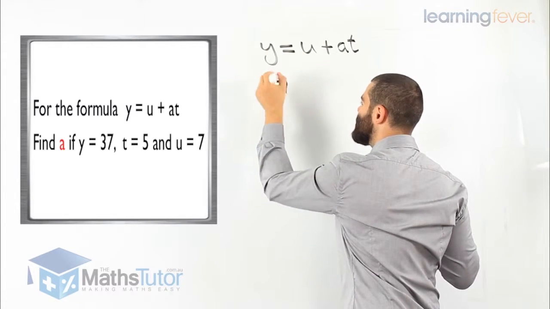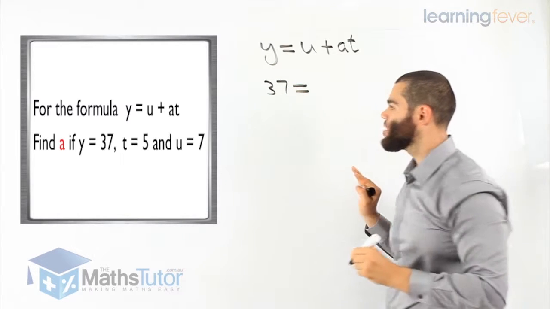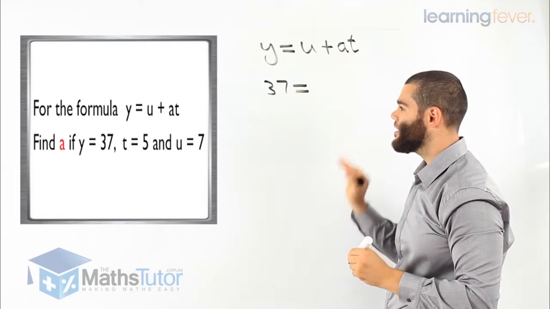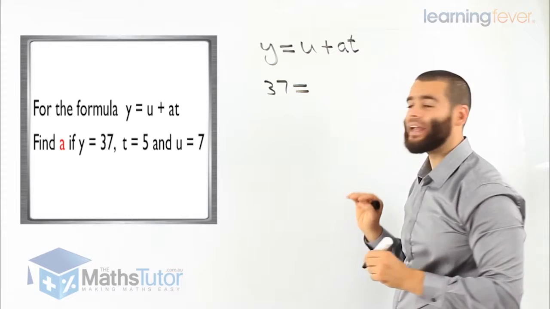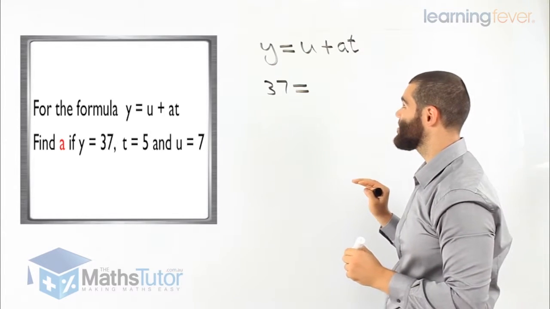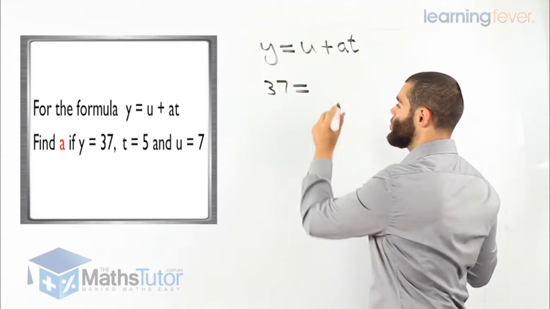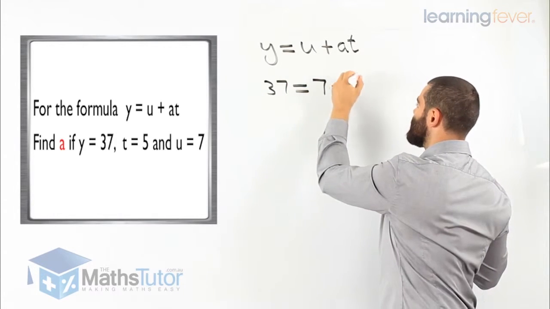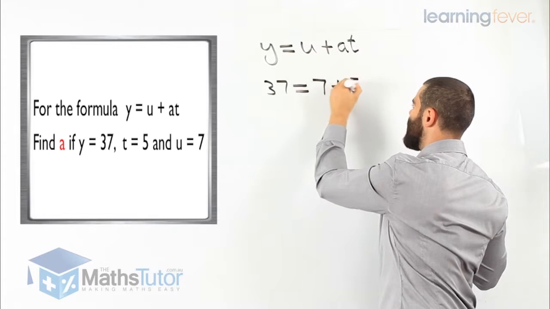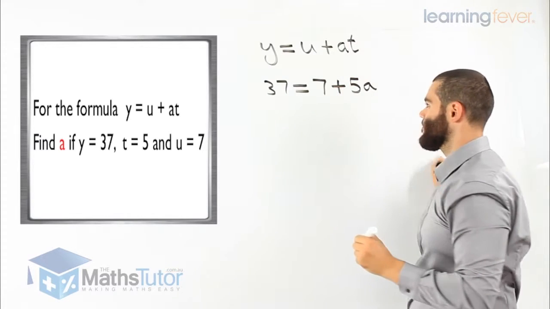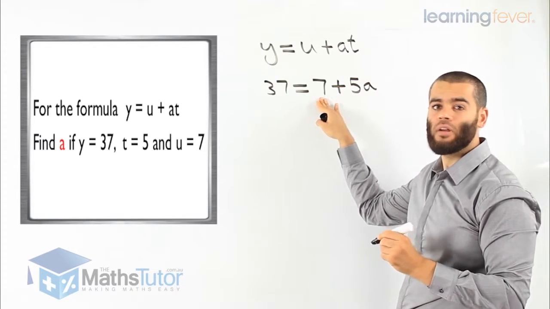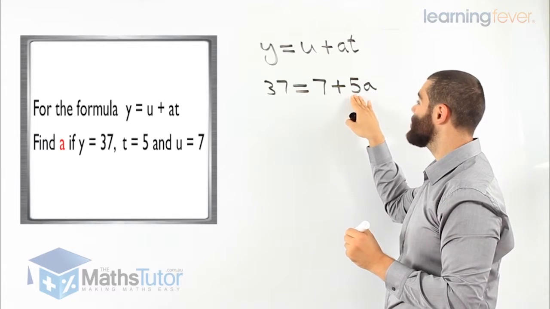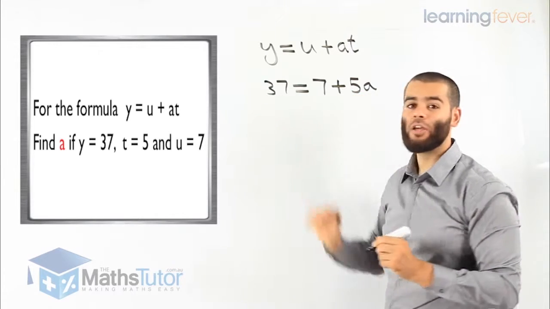We substitute y with 37 and we're asked to find a. Now t is 5 and u is 7. So u is 7 and t is 5. So in other words, 5a. This is our u and this is our t. We have an equation now.